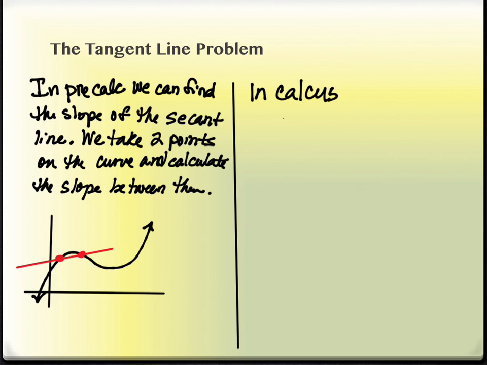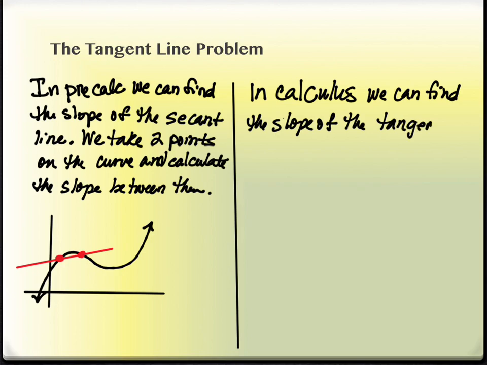In calculus, we can find the slope of the tangent line by using secant lines where the points get closer to one another.